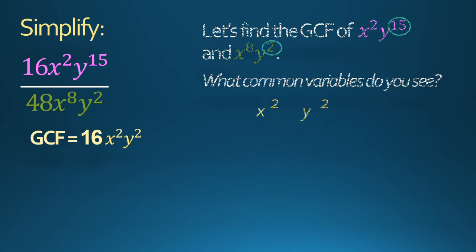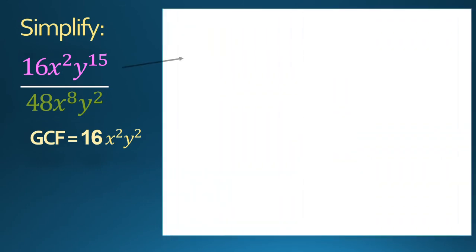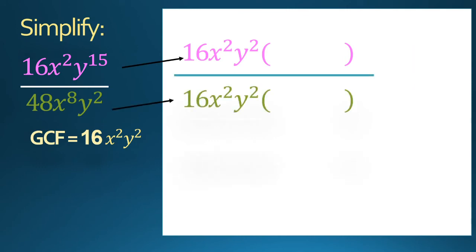Now, magpa-factor na tayo. Let us factor the numerator with the GCF 16x squared y squared. We will also do that to the denominator. Let us divide the numerator by the GCF, starting with 16 divided by 16, that's equal to 1. Then we will have x squared divided by x squared is equal to 1.